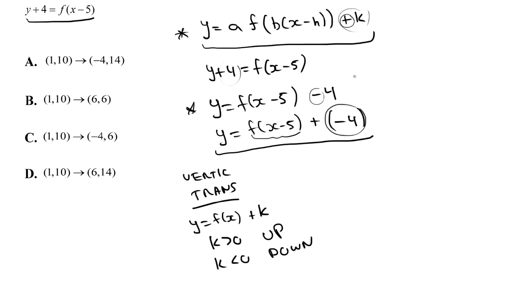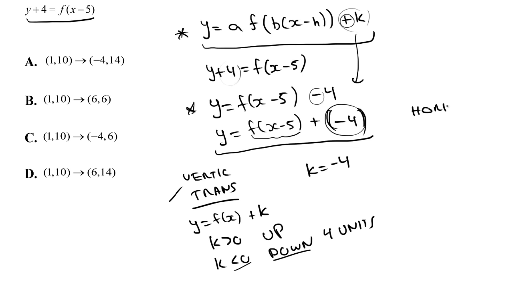In our case, our k value is equal to −4, what's in the brackets here. Is −4 greater than 0 or less than 0? It's less than 0, so it's going to be a shift down by 4 units. So that's the vertical translation part.